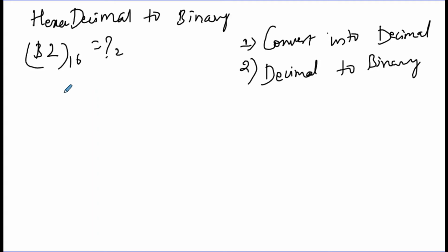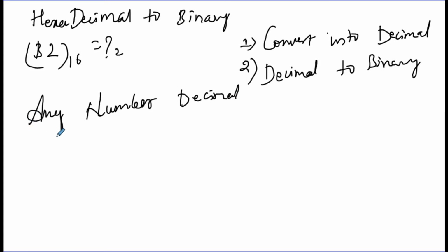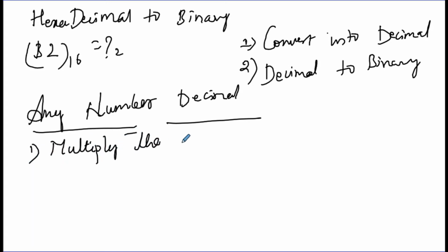One trick I will tell you: for conversion of any number system to its equivalent decimal, you should multiply the given base with their powers and add those.